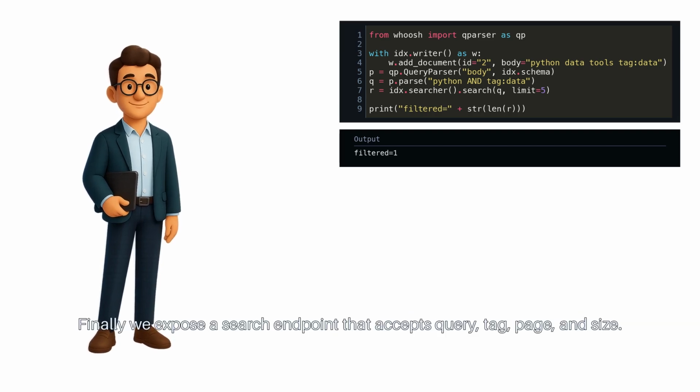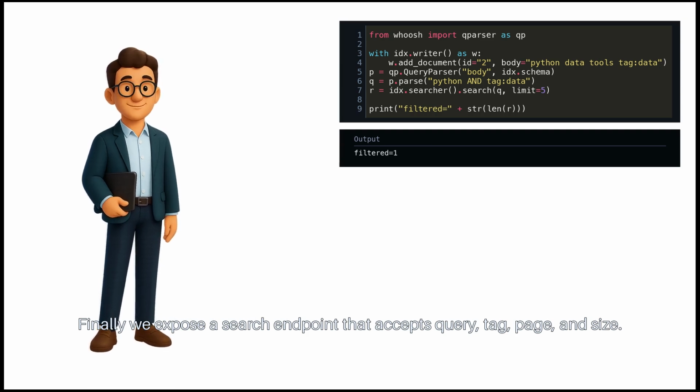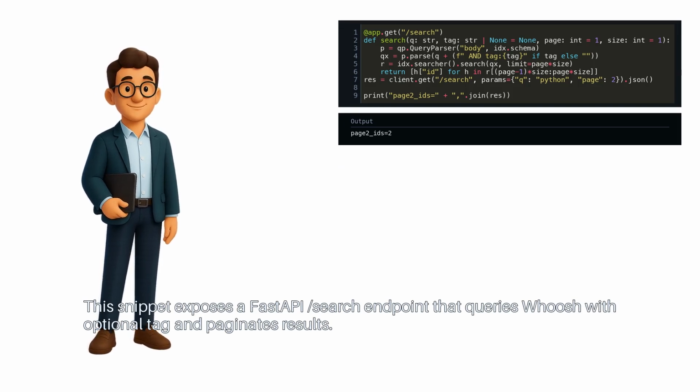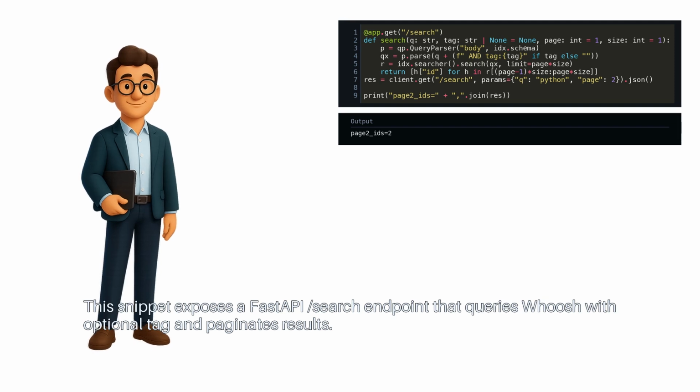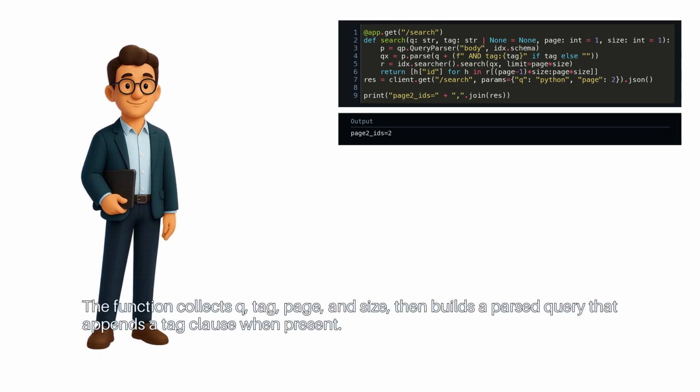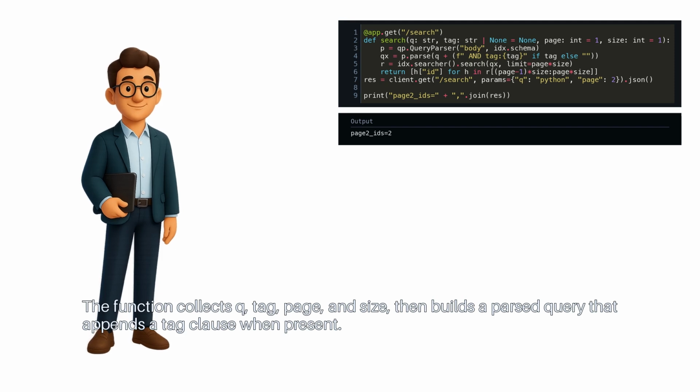Finally, we expose a search endpoint that accepts query, tag, page, and size. This snippet exposes a FastAPI /search endpoint that queries Whoosh with an optional tag and paginates results. The function collects query, tag, page, and size, then builds a parsed query that appends a tag clause when present.